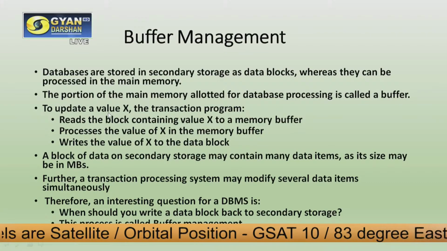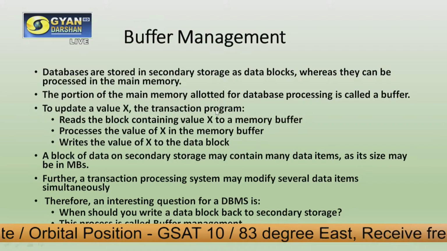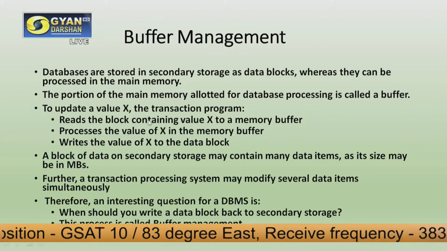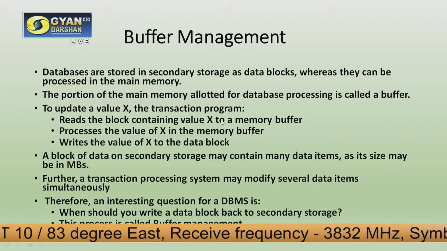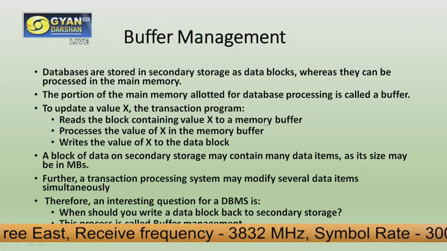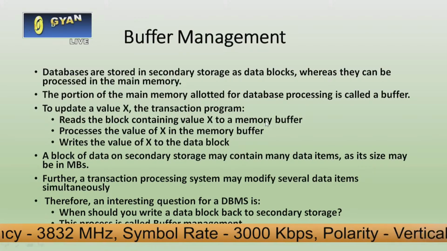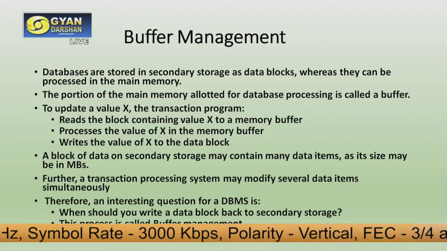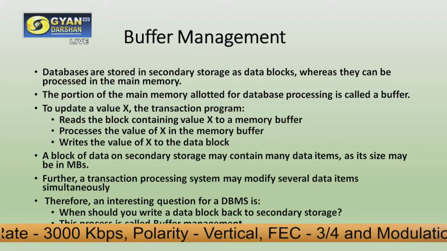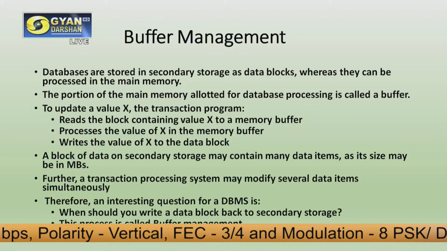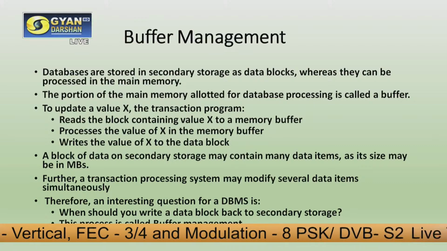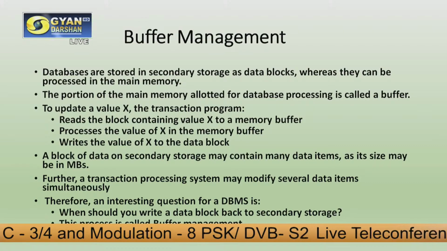So to update a value X, the transaction program will read the block containing value X into the memory buffer. So there will be a chunk of data which will be transferred. Why? Because the size of a block of data is normally in MBs, right? So quite a substantial amount of information will be transferred.